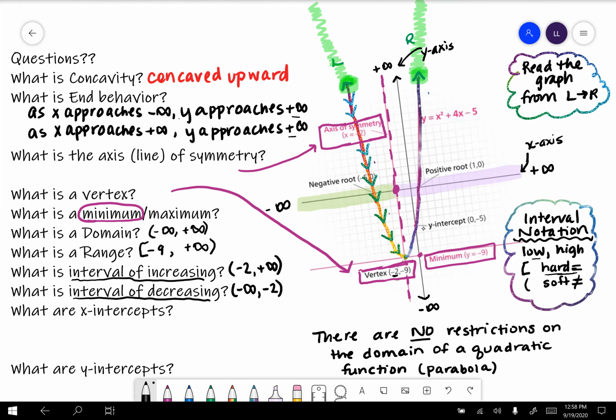And that's how you determine whether a graph is increasing or decreasing. You want to be careful to make sure that you identify your turning point, which is the vertex. The x coordinate of the vertex is the value at which it turns and goes in a different direction. All right.